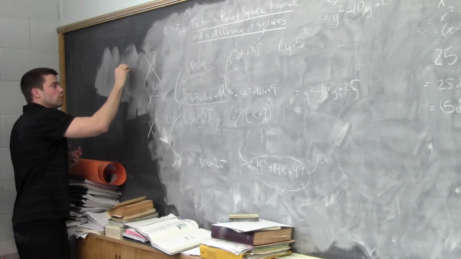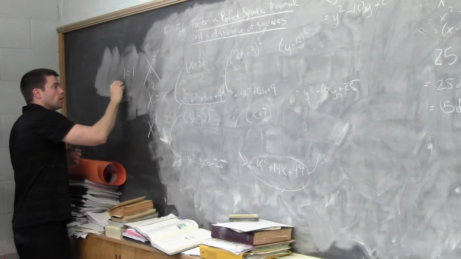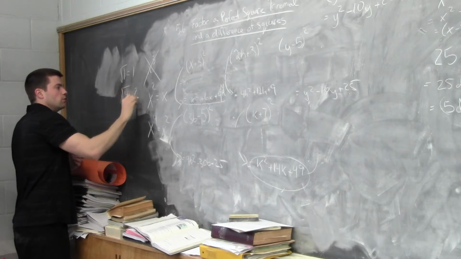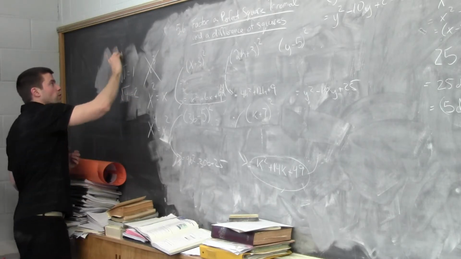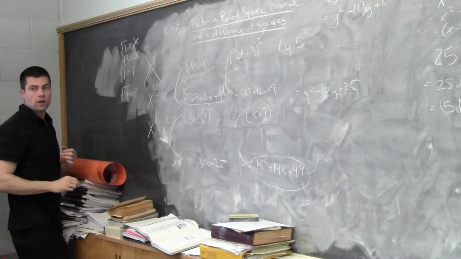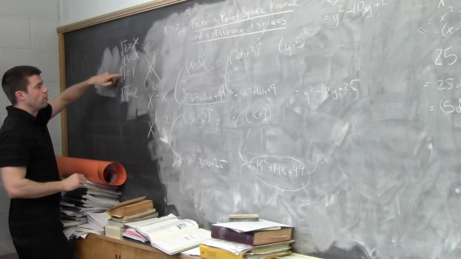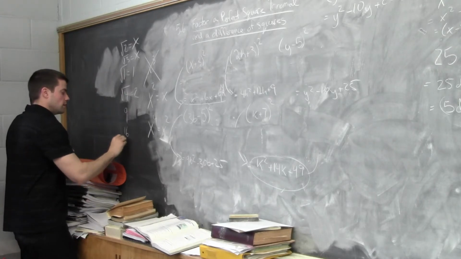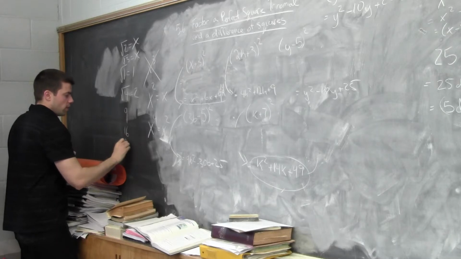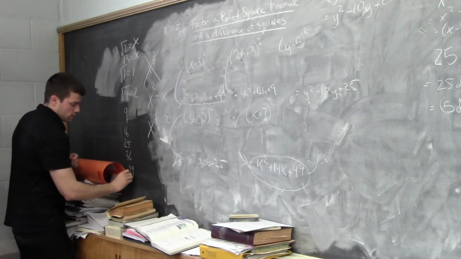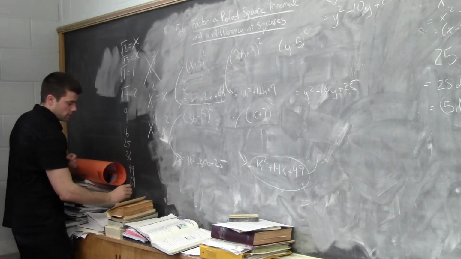Okay, so just like our numbers then, we know our perfect squares are 1 because the square root of 1 is 1. The square root of 4 is 2. Okay, square root of 2, not a perfect square. Square root of 3, not a perfect square. Okay, so your perfect squares, you know them, are 1, 4, 9, 16, 25, 36, 49, 64, 81.